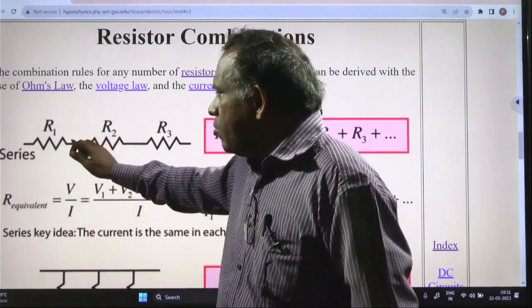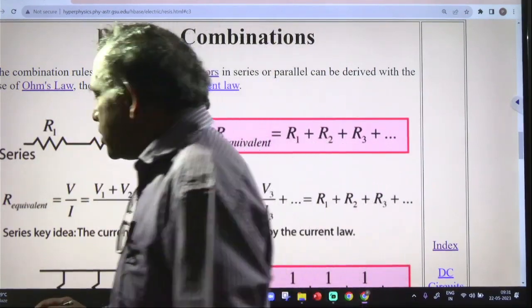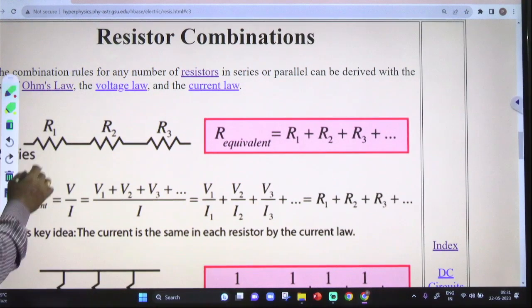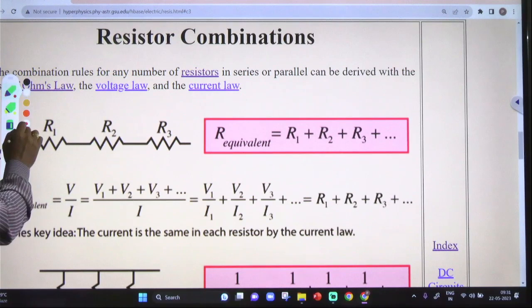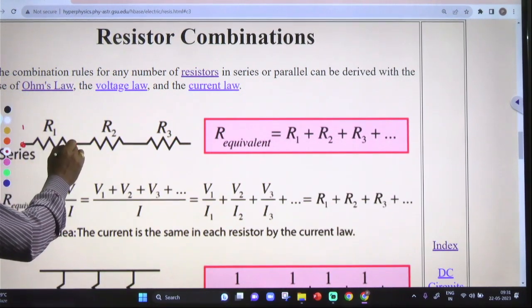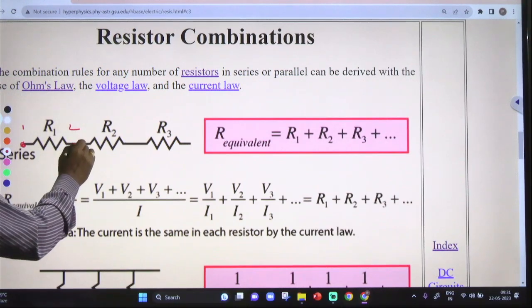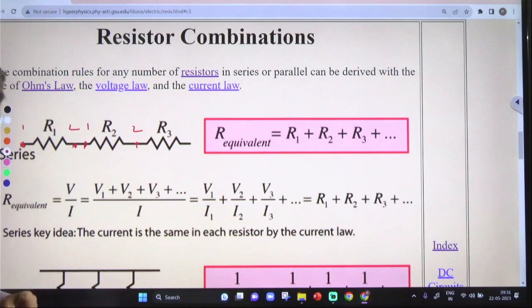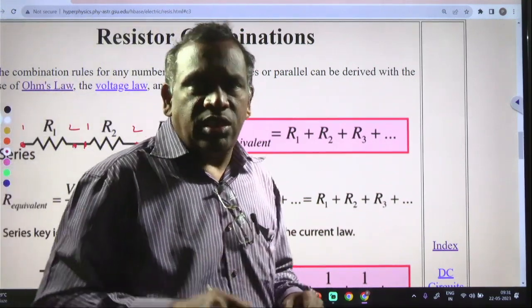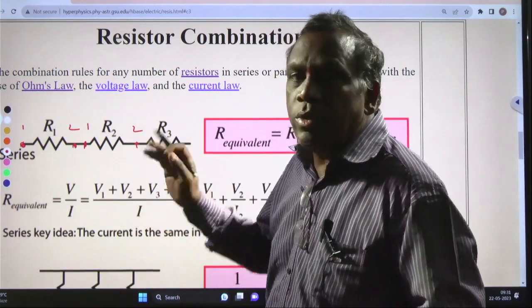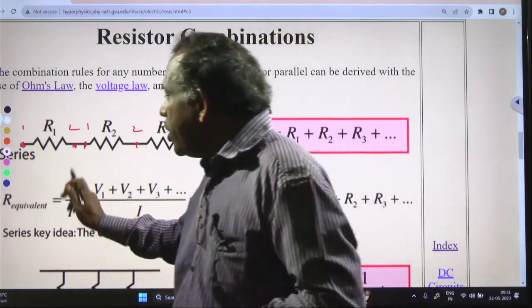For example, take the R1 resistor, which has two ends: the first end and the second end. And R2 resistor also has a first end and a second end. The second end of the first resistor is connected to the first end of the second resistor. End to end connection.